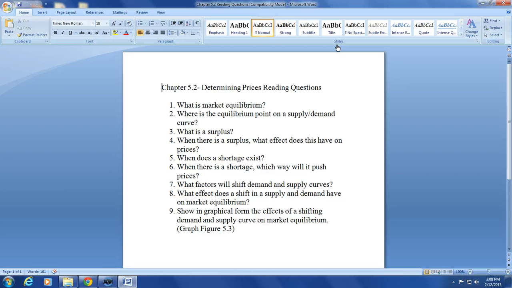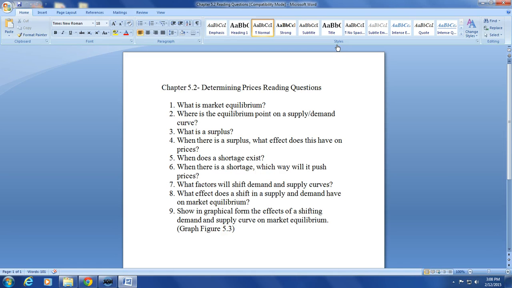If the price were any lower, suppliers would not supply it. And the market is going to naturally go to this equilibrium point. And we're going to go ahead and take a look at some situations that show how this actually happens.